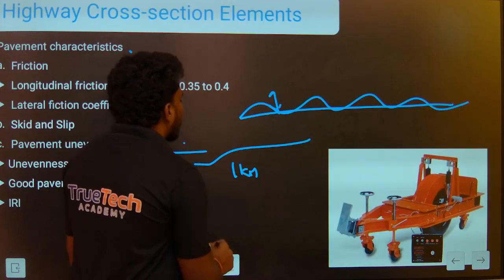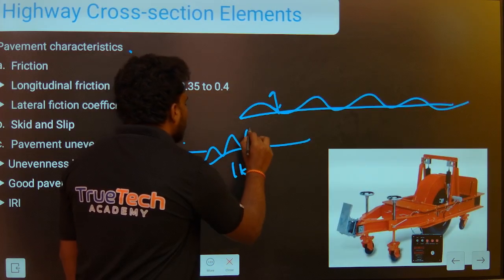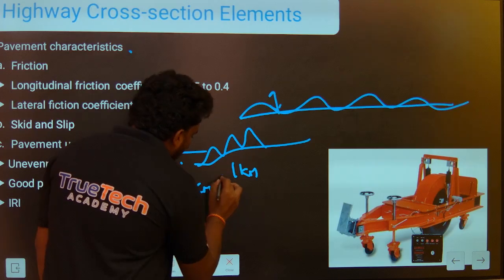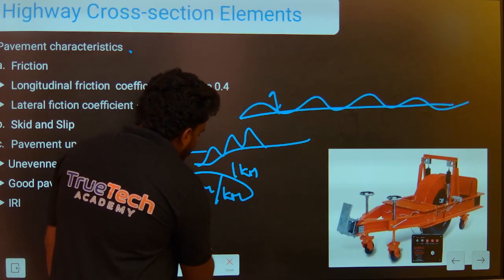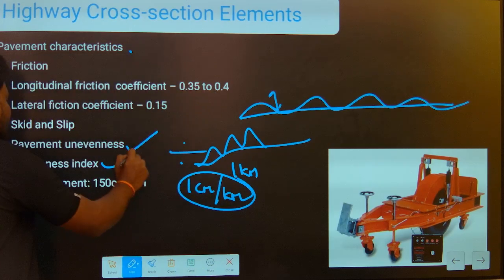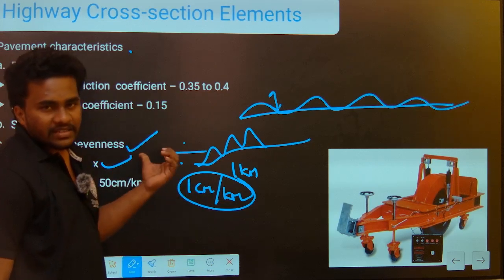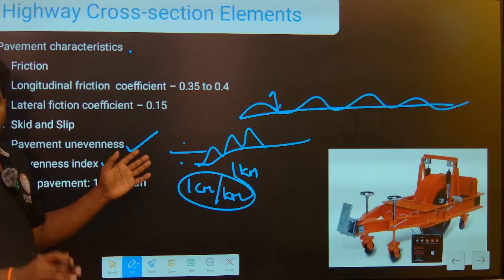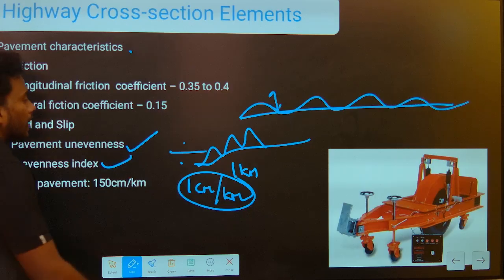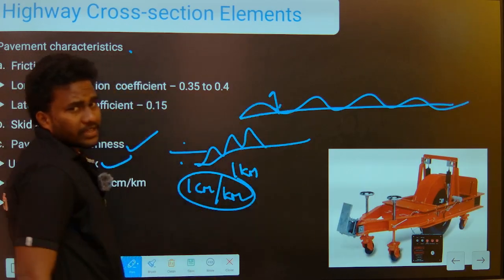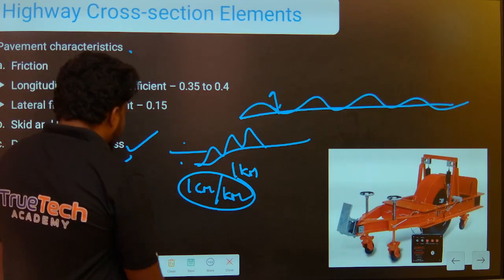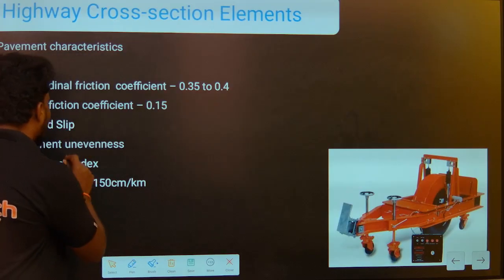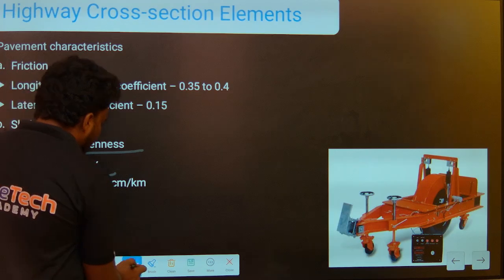In 1 kilometer, how much are the average undulations, the height of the average undulations, for example, 1 centimeter per kilometer. This term is called the unevenness index. The unevenness index is the term used to measure the pavement unevenness or the undulations present along the road surface.